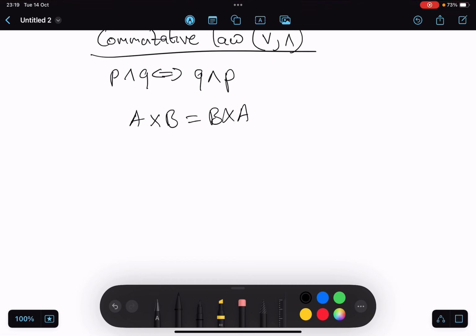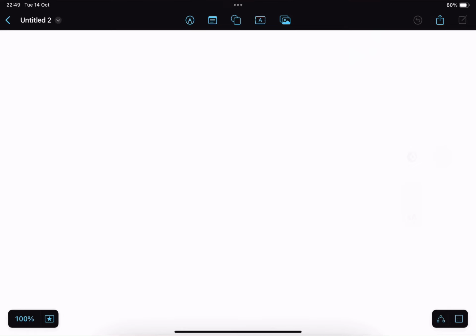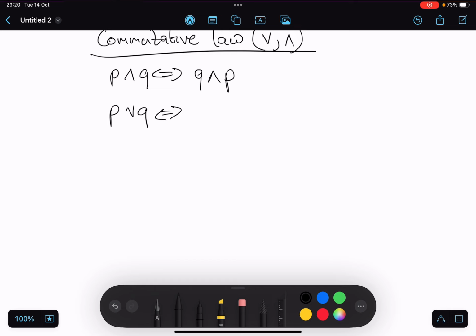If you swap the order of A and B, it's still the same thing. And we can also say P or Q is logically equivalent to Q or P.